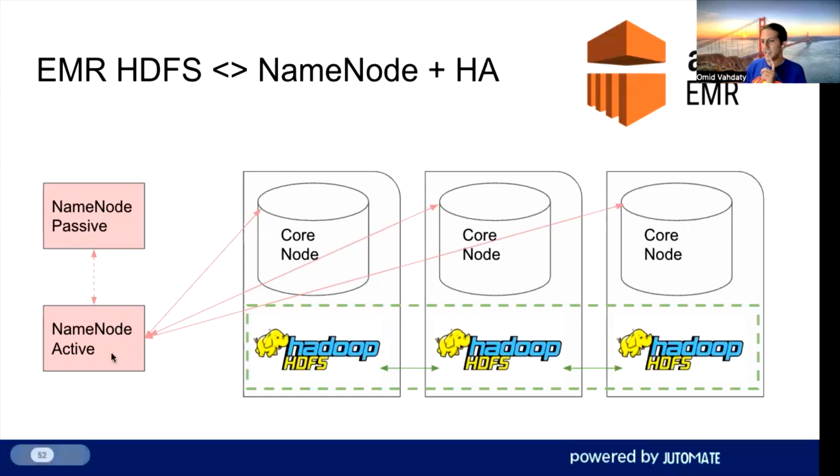Naturally, you can understand that if you have a name node, you must have an active-passive deployment, meaning a high availability deployment to protect your file system, because if your name node fails, you lose the references to your entire file system. So essentially you can delete the cluster because nobody will know where the files are located anymore.